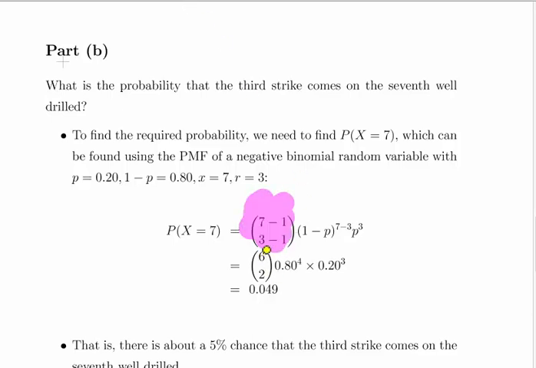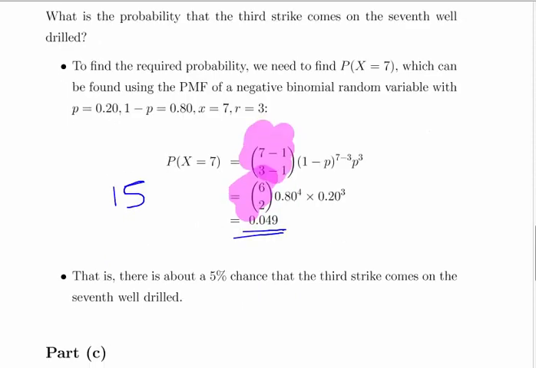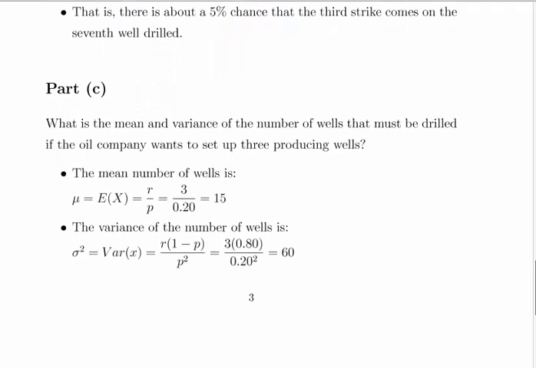So that's 6 choose 2, times (1 minus p) to the power 7 minus 3 times p cubed. 6 choose 2 is 6 times 5 divided by 2 times 1, which is 15. 15 times 0.80 to the power 4 times 0.20 cubed. Working that out, you should get approximately 5%, 0.049. So there's about a 5% chance that the third strike comes on the 7th well drilled.